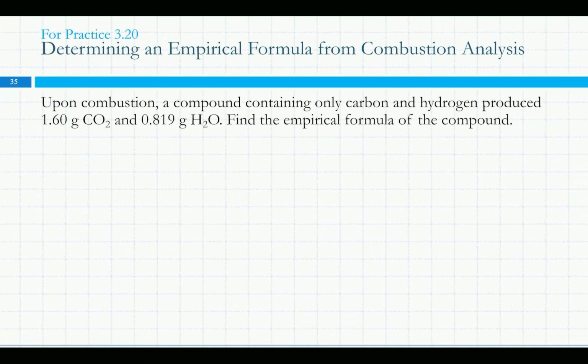So upon combustion, a compound containing only carbon and hydrogen produces 1.6 grams of CO2 and 0.819 grams of water. Find the empirical formula of the compound. There's kind of two ways that we can do this.